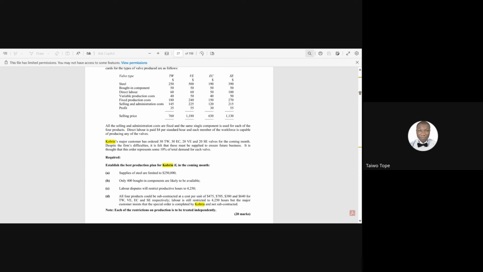Still, in relation to hours, they are giving us a limitation, so we will use the labor hours in relation to the extra contribution. So let's work it out.